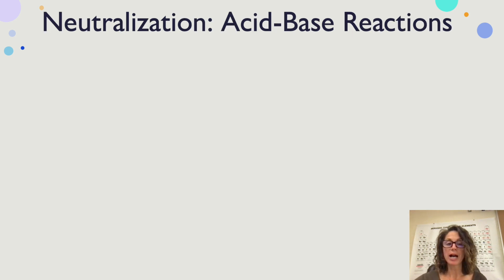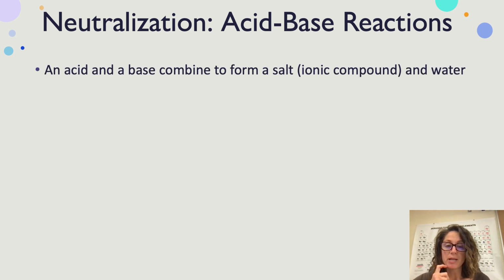Our last type of reaction is a neutralization, or an acid-base reaction. This is a review from previous courses, but we get to look at it in a biological aspect. This is where an acid and base combine to form a salt, and it's not always sodium chloride, but any kind of ionic compound, and water.